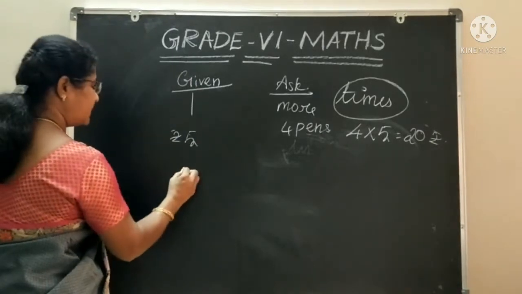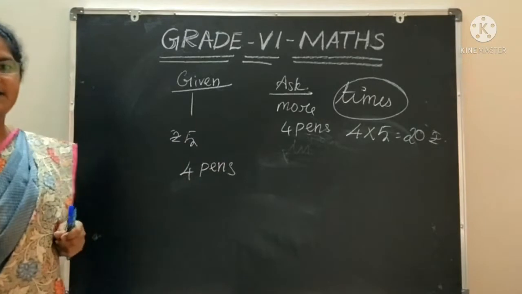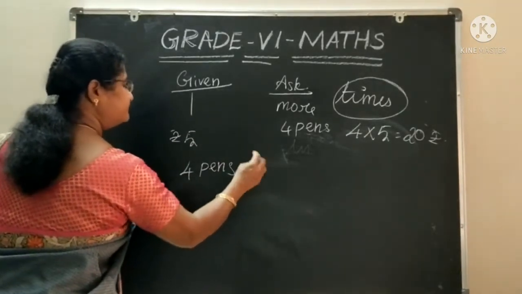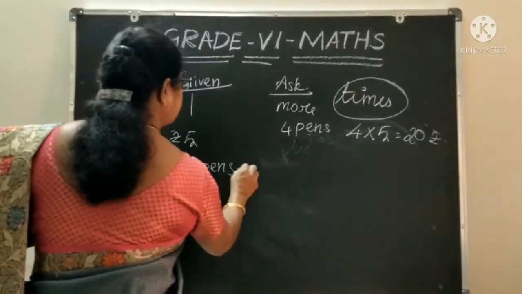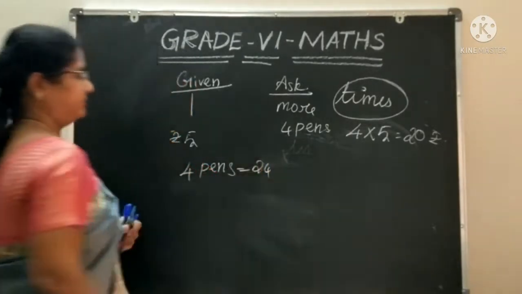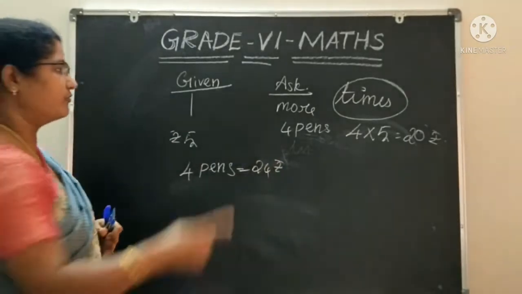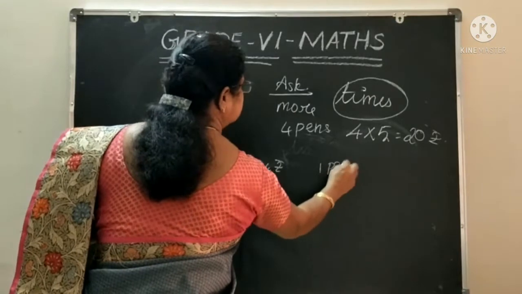Likewise, now they give more. That means the cost of 4 pens is given, the same value will not be given. The cost of 4 pens is 24 rupees.